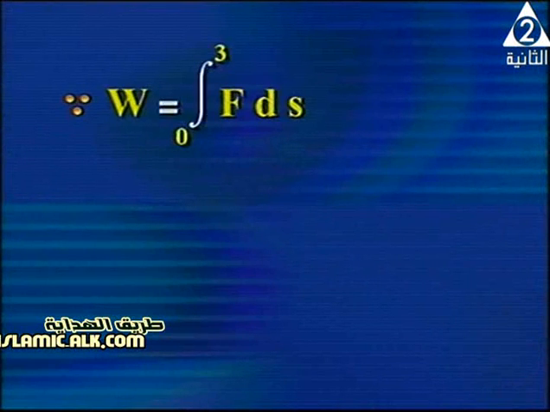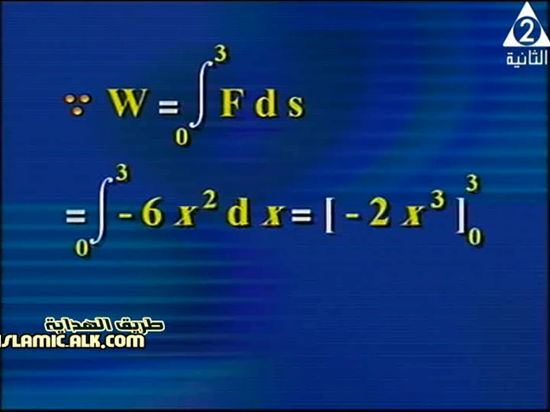Dear student, the work done in this case we find by integration from 0 to 3 of force ds. What is the force? It is negative 6x squared dx. Integrating from 0 to 3, negative 6x cubed over 3 equals negative 2x cubed from 0 to 3.